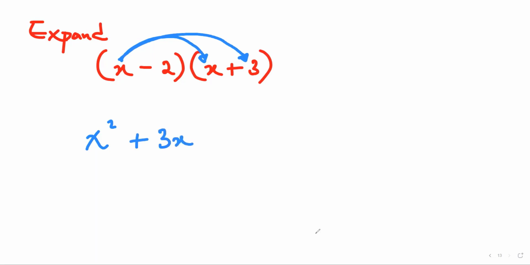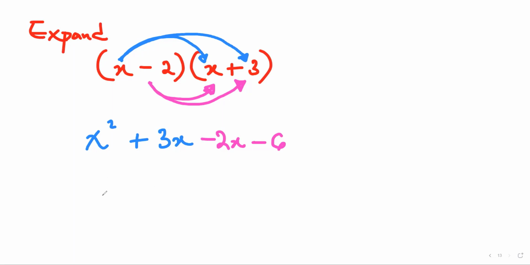And you do minus 2 times x, which is minus 2x. Then you do minus 2 times plus 3, which is, remember, minus 6. Good. And so now we're going to simplify.